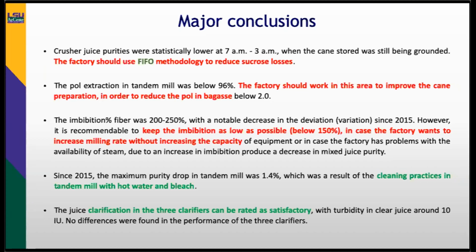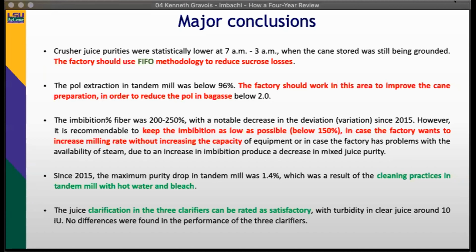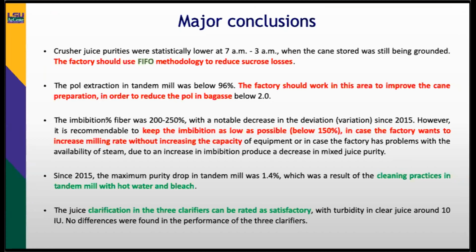The imbibition was between 200 and 250%, with a notable decrease in the deviation since 2015. However, it's recommendable to keep the imbibition as low as possible if the factory wants to increase the milling rate without increasing the capacity, or in case the factory has a problem with steam availability.